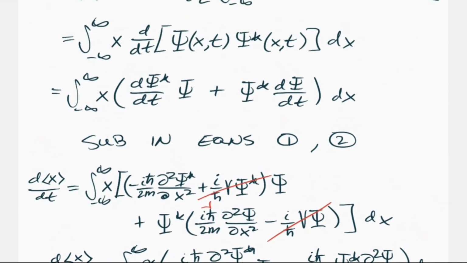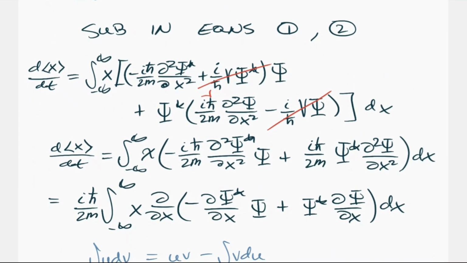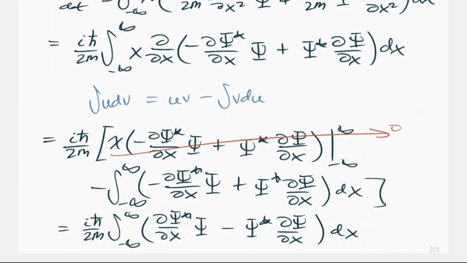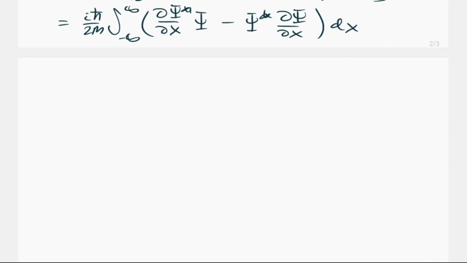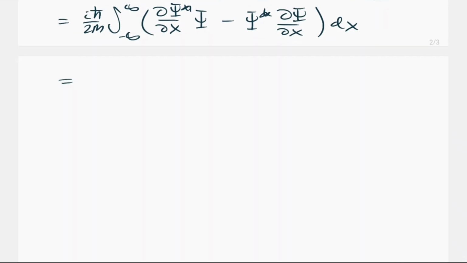And just as a reminder, we're just solving for the time derivative of the expectation value of x right now. That's all we're doing. Now, as we go on, we're going to do integration by parts again on that first integral, and we're still going to be subtracting the second integral after the minus sign. We're left with i h bar over 2m, and then do your integration by parts.